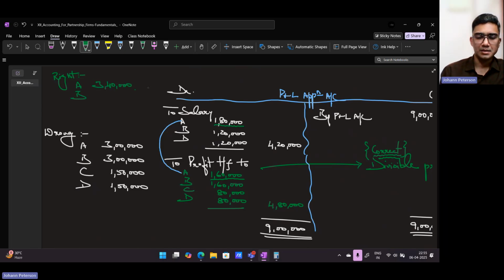Similarly, B, in the right way, B has got 120 plus 160. So 160 plus 120 makes it 280. C has got 80 and D has got 120 plus 80, which makes it 2 lakh.